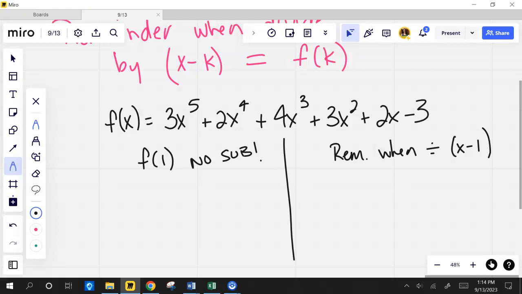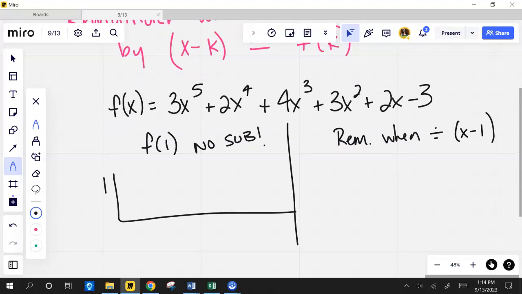How'd you get that so quick, Corey? Without plugging in. You do synthetic division?